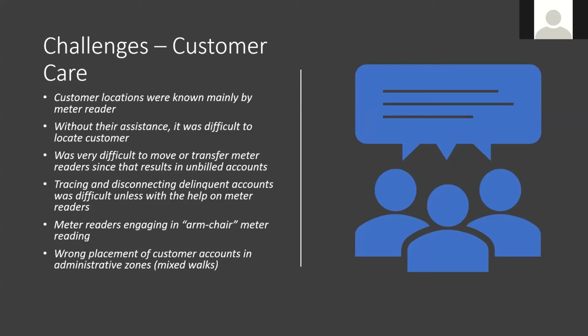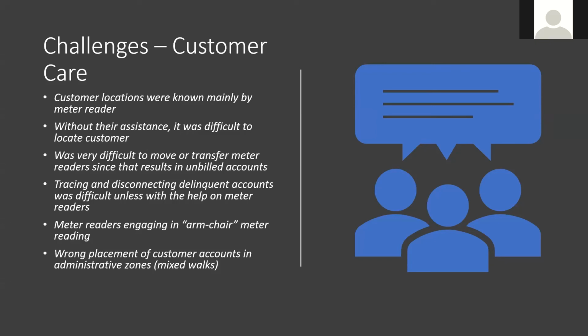So when it comes to customer care, we've also applied GIS. One, we had challenges knowing where all of our customers were. Usually, this information resides with the meter readers. They are the ones who know where our customers are. In their absence, you couldn't really trace all of our customers.